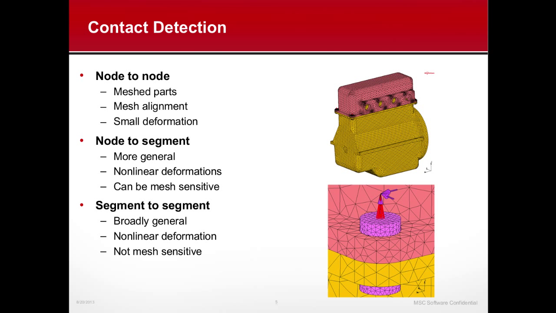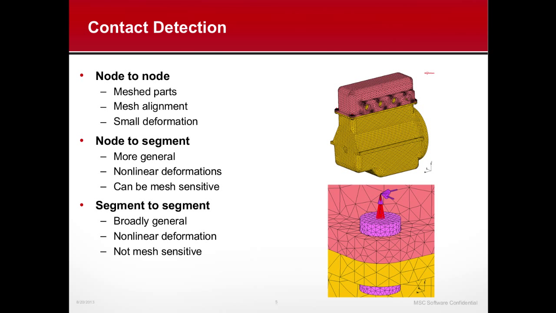However, the contact detection can be mesh sensitive, although there are some workarounds in some scenarios to address this particular problem. And finally, the segment-to-segment approach is much more general, and since the contact between segments, not just node to segment, but segment to segment is checked, it leads to much more accurate simulations.